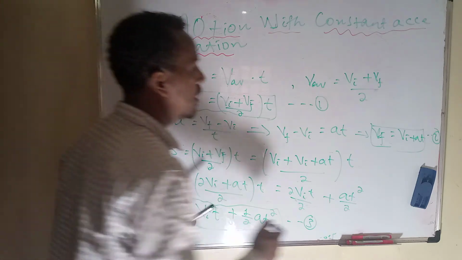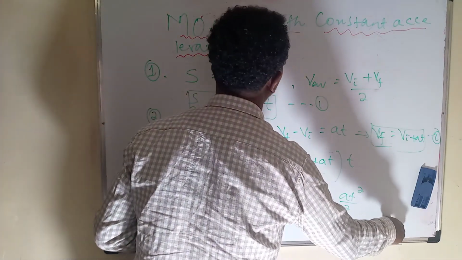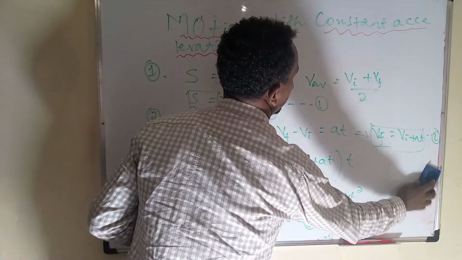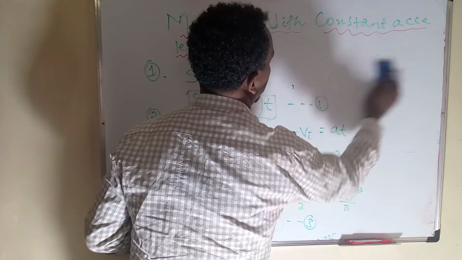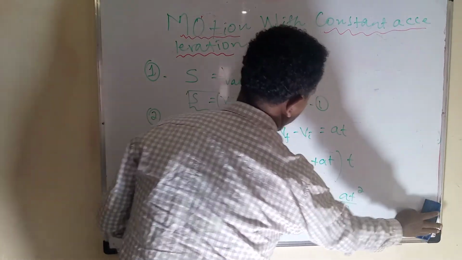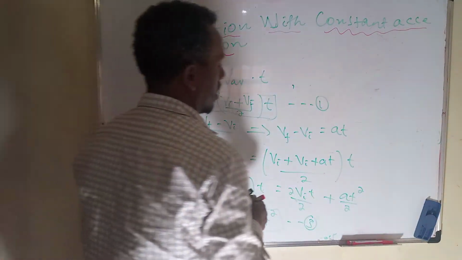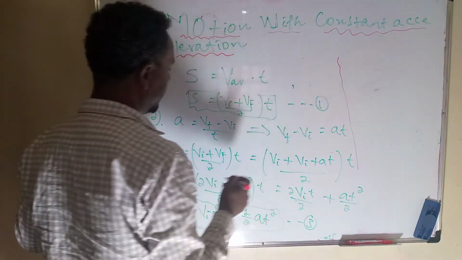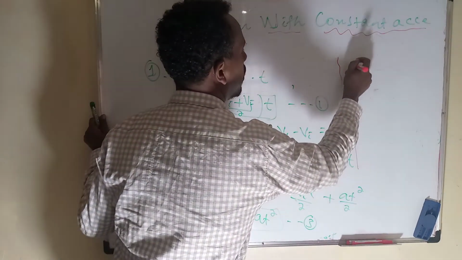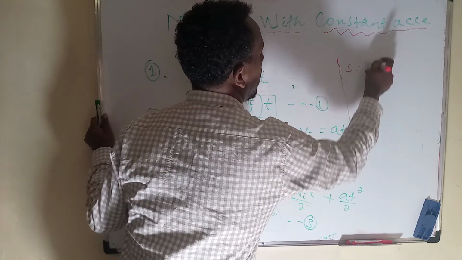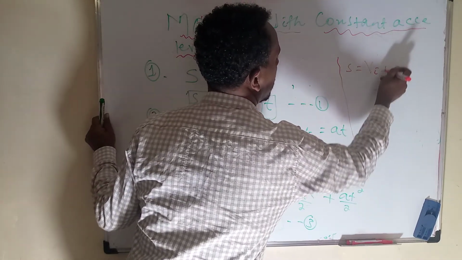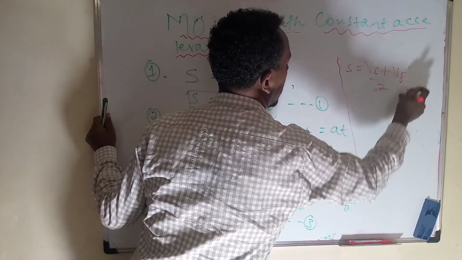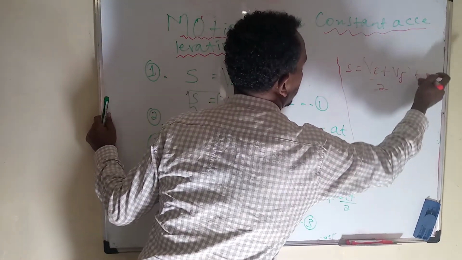The fourth and last fundamental equation: S is equal to V initial plus V final over 2 times time.